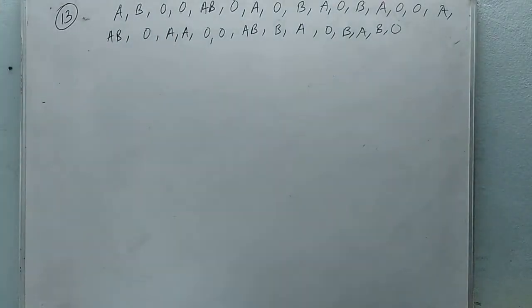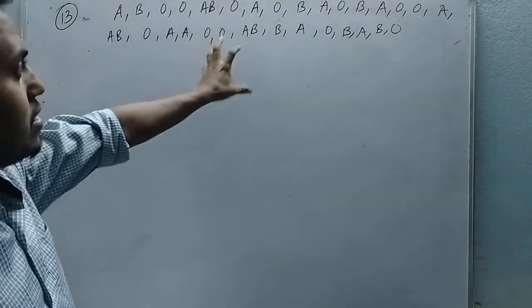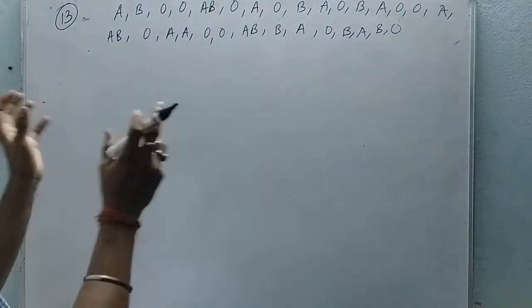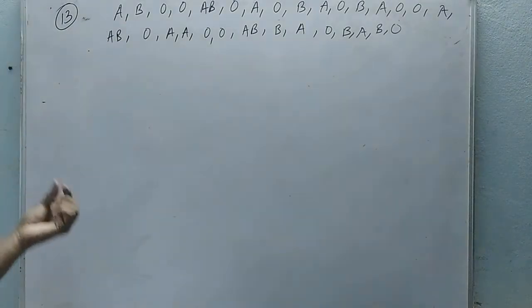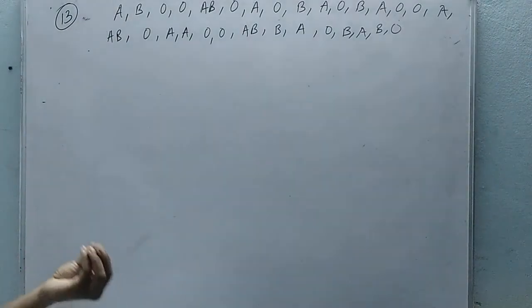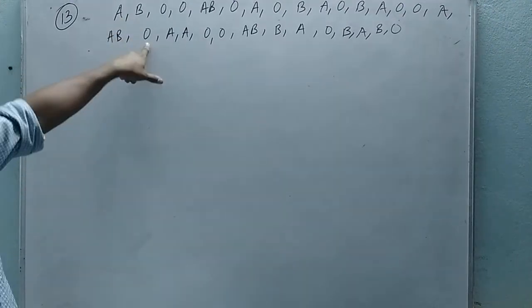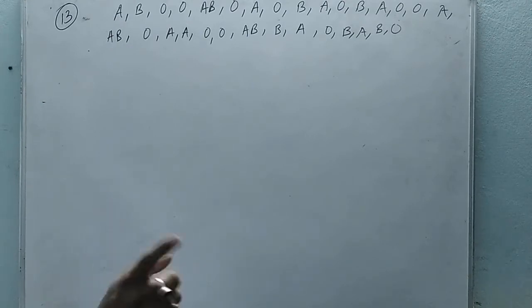So these are the blood group samples, the data of blood groups. We have only four blood groups: A, B, AB, and O. Please see question number 13 in your textbook.